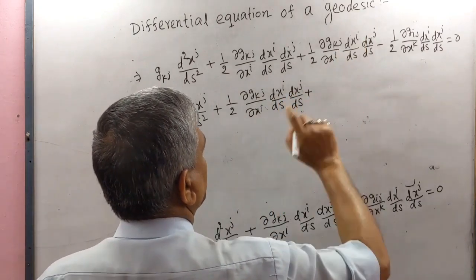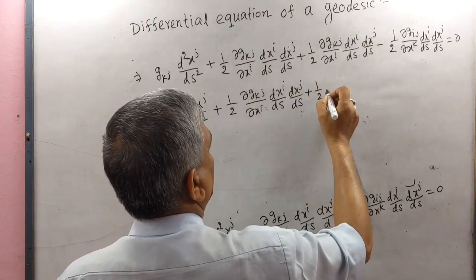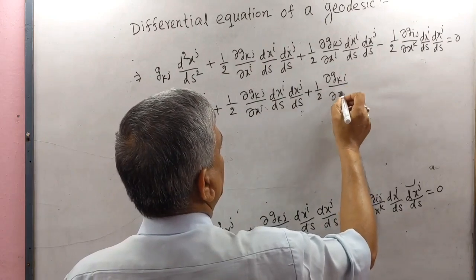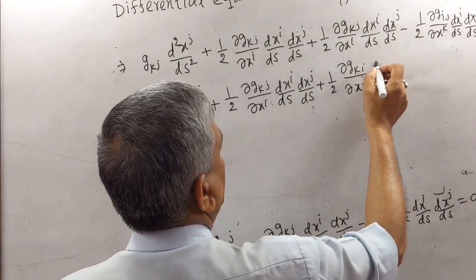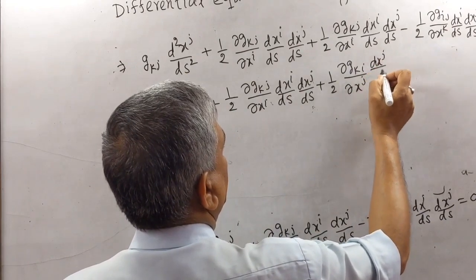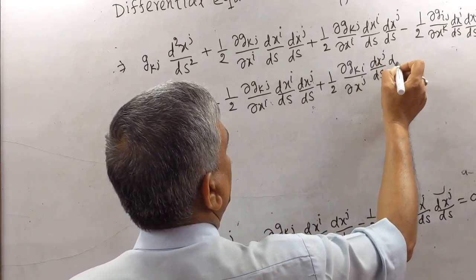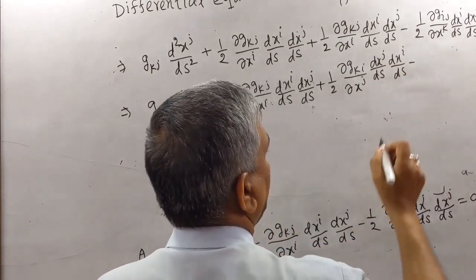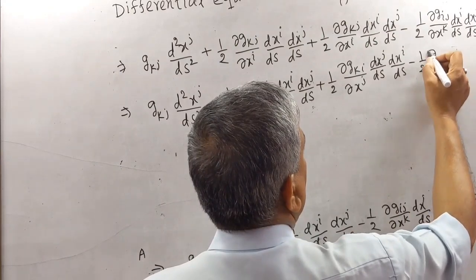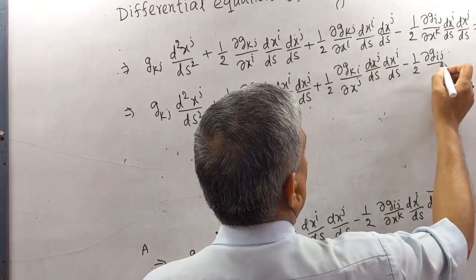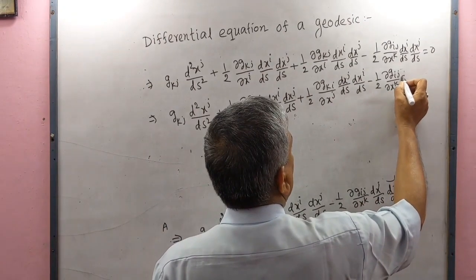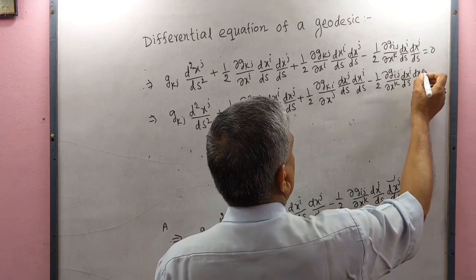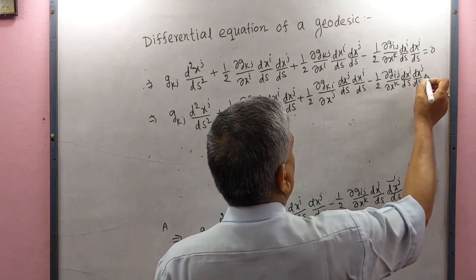Here we interchange the dummy suffix i and j. Half del gki by del xj dxj by ds dxi by ds minus half del gij by del xk dxi by ds dxj by ds equal to 0.